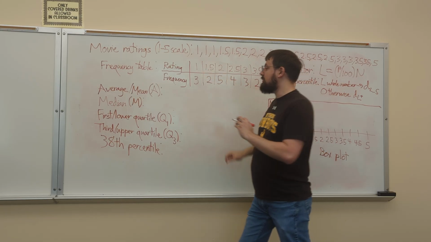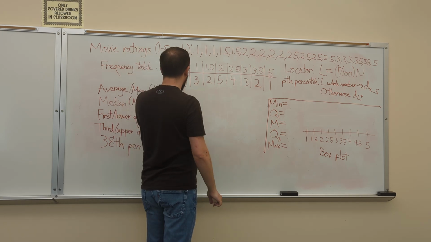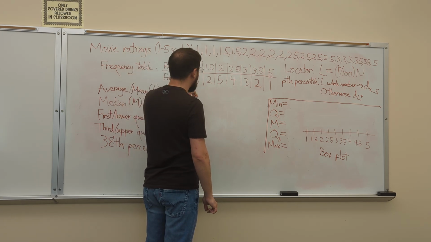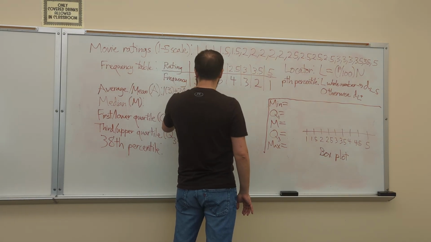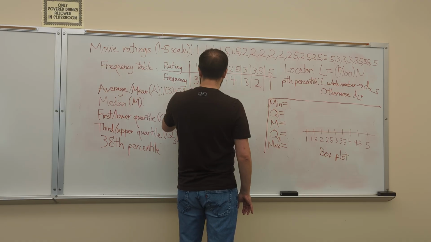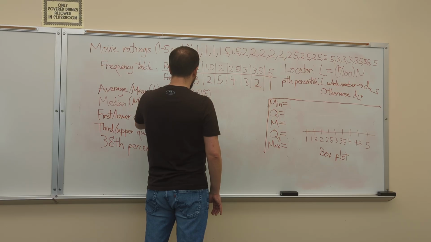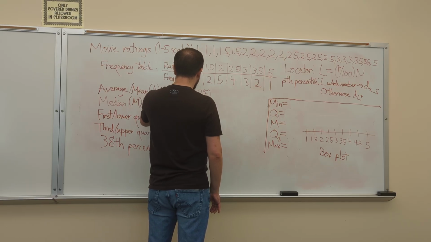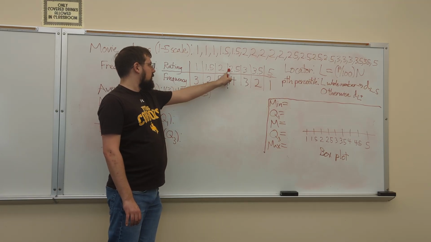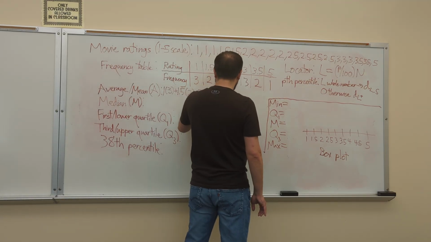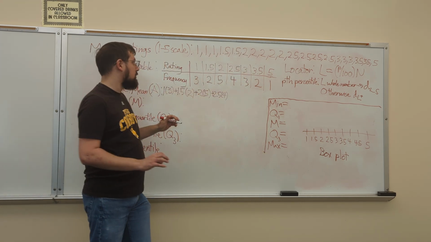So 1 times 3, plus 2 times 1.5, plus 5 times 2, or 2 times 5, whichever you prefer. And then 2.5 times 4.